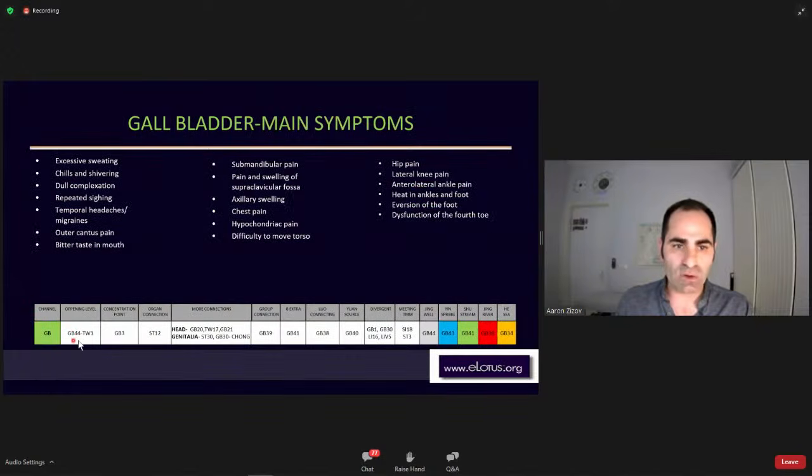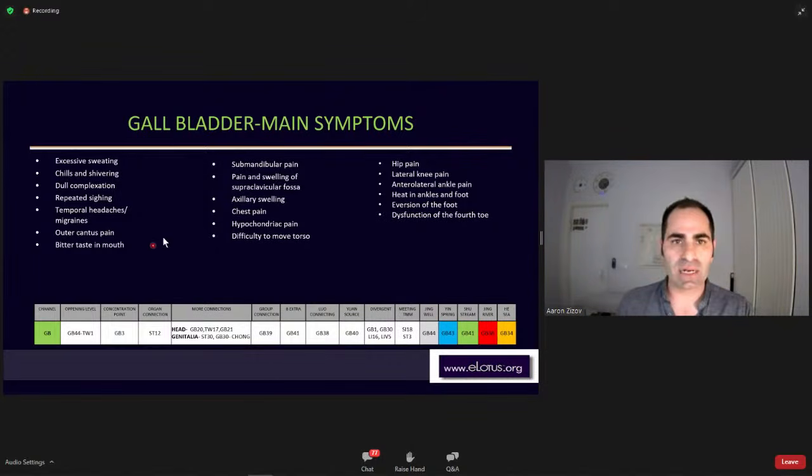Gallbladder, it's a Shaoyang, gallbladder 44, triple burner 1, concentration point gallbladder 3, or small intestine 19, but I usually use gallbladder 3. Connection to the head, connection to the genitalia, and so on. All connections, all indications of basically Shaoyang: pain on the lateral aspects of the body, ears, headaches, migraines, everything on the lateral aspects.